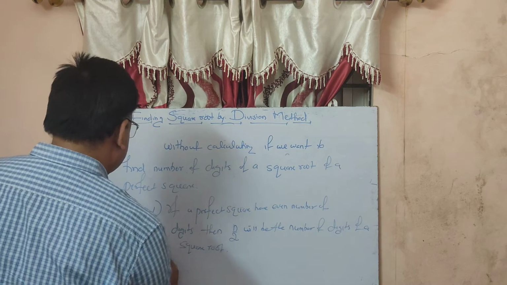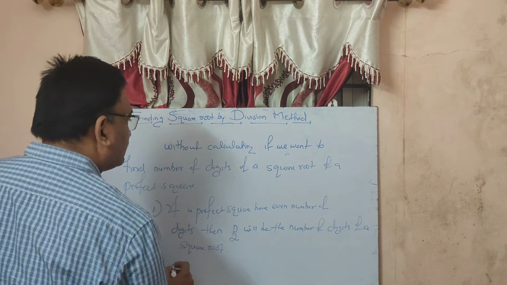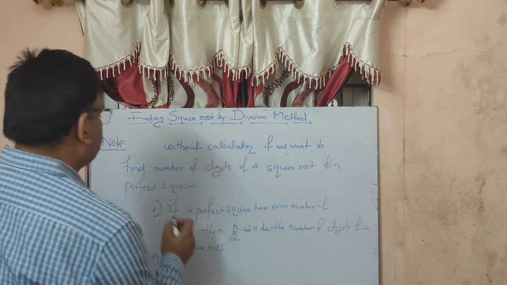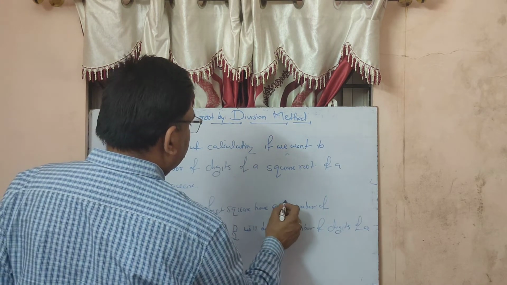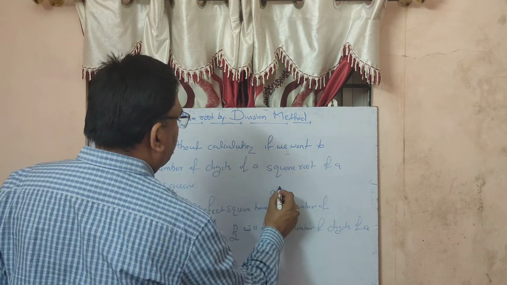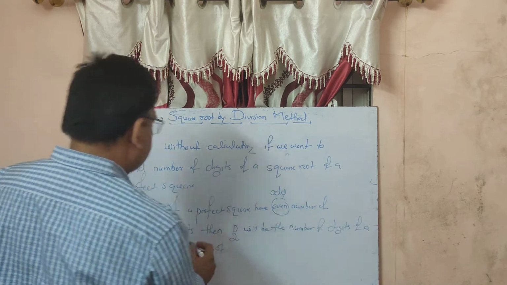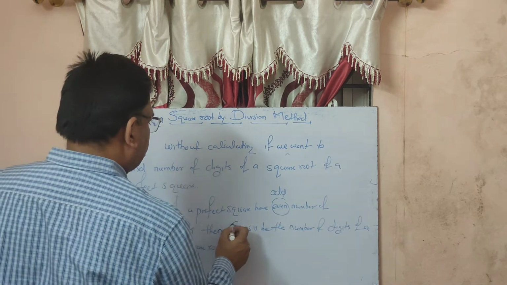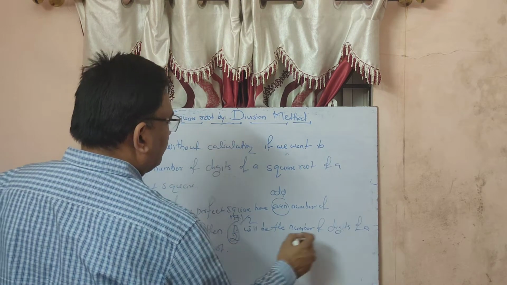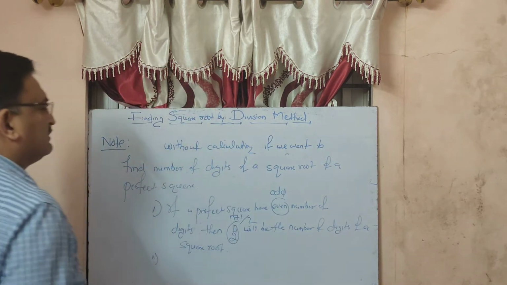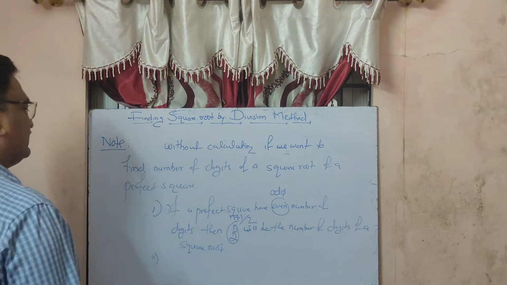Second point, same thing you have to write. If a perfect square has, in place of even, an odd number of digits, then n plus 1 upon 2 will be the number of digits of the square root. So there are two things you have to write.